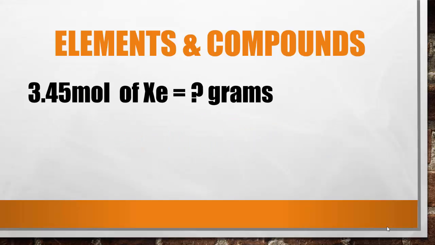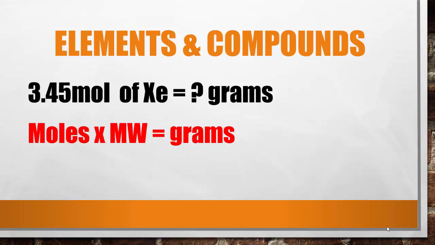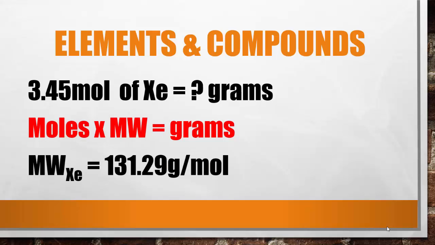So let's assume that you have 3.45 moles of xenon, and you want to know how many grams you have. Well, you pull out your equation, because this is the one that relates moles to grams. You go to the periodic table, you find the molecular weight of xenon, it's 131.29 grams.